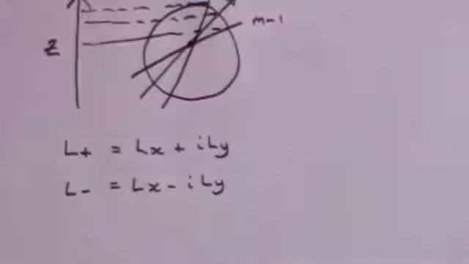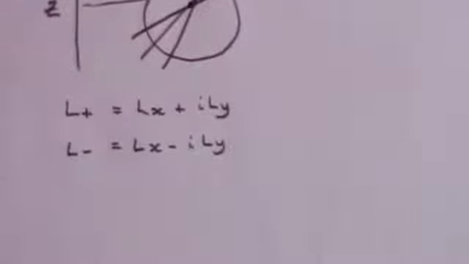Now I want to create two new terms, L plus, which I'm going to call Lx plus i Ly, and L minus, which I'm going to call Lx minus i Ly. I'm not going to tell you what they are, L plus and L minus, though you may be able to guess. We'll see what they are in a moment.